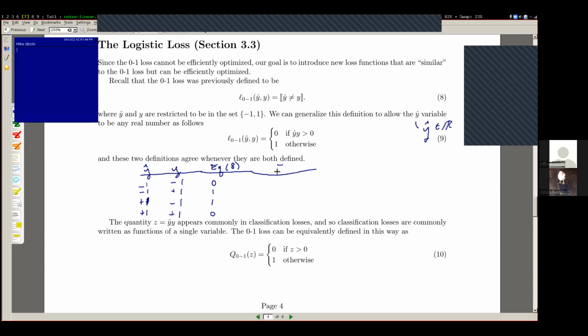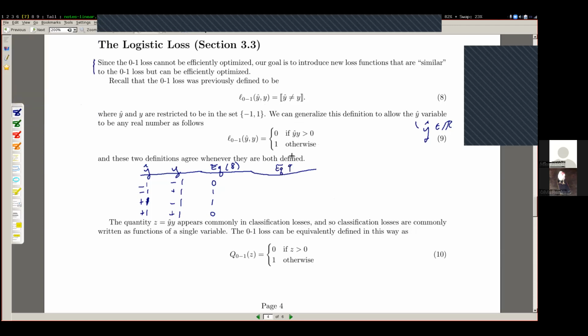So if we look at equation 9, then y hat times y, whenever y hat and y are equal to each other, -1 times -1, that's going to be equal to +1. Y hat times y is +1. On this input right here, -1 times -1 is +1.